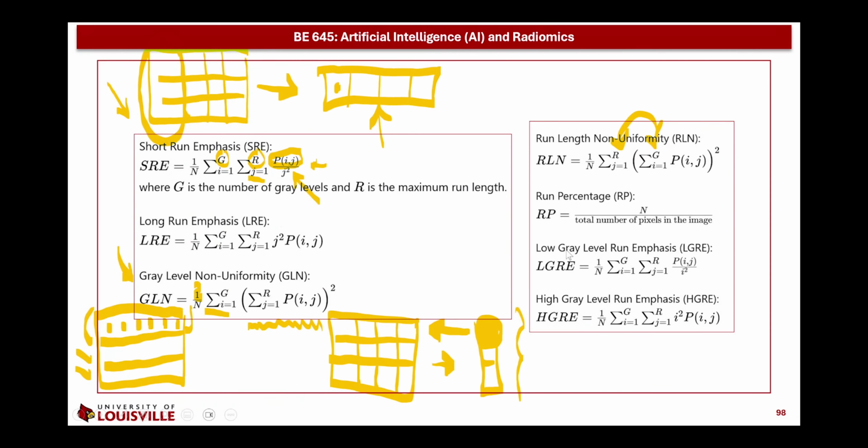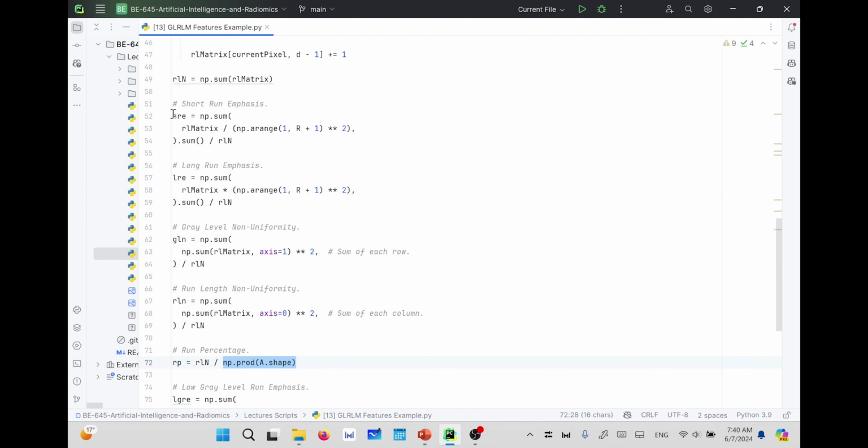And for the low gray level run emphasis and high gray level run emphasis, it's similar to SRE and LRE, but instead of dividing and multiplying by j, here we are dividing and multiplying by i. So here in SRE and LRE, we made a range from 1 to r plus 1.